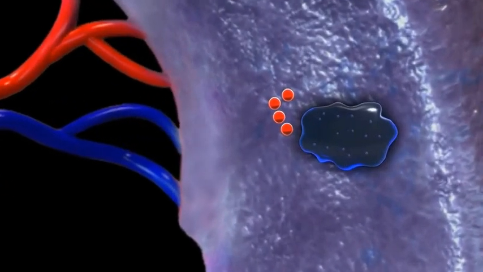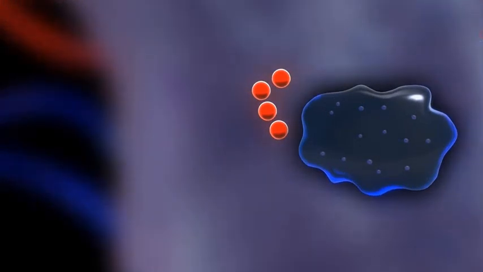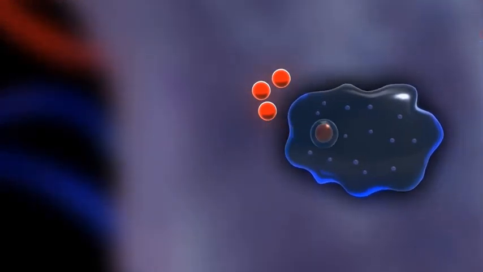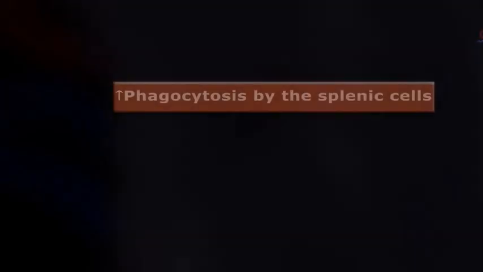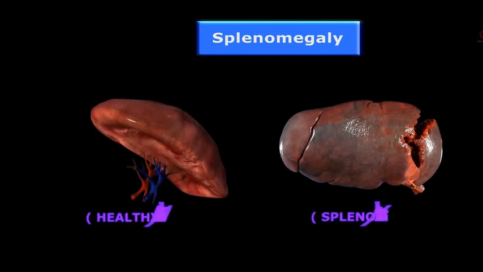So these spherocytes get phagocytosed by the splenic macrophages, and there will be splenomegaly.